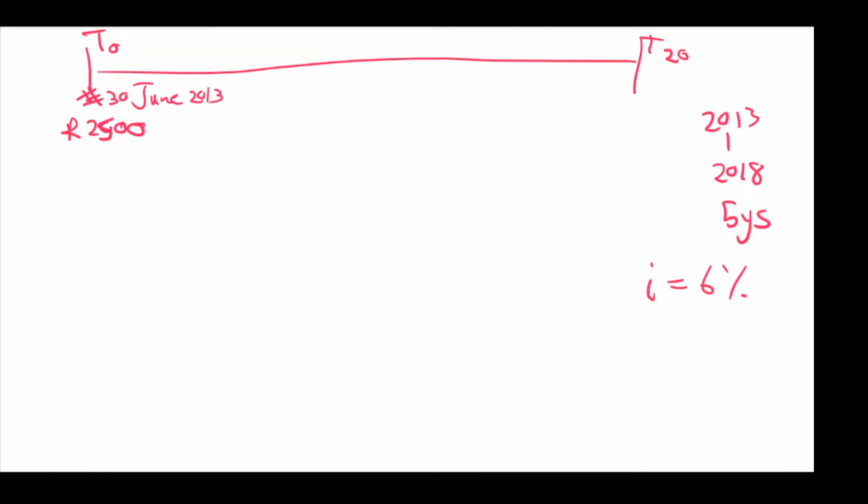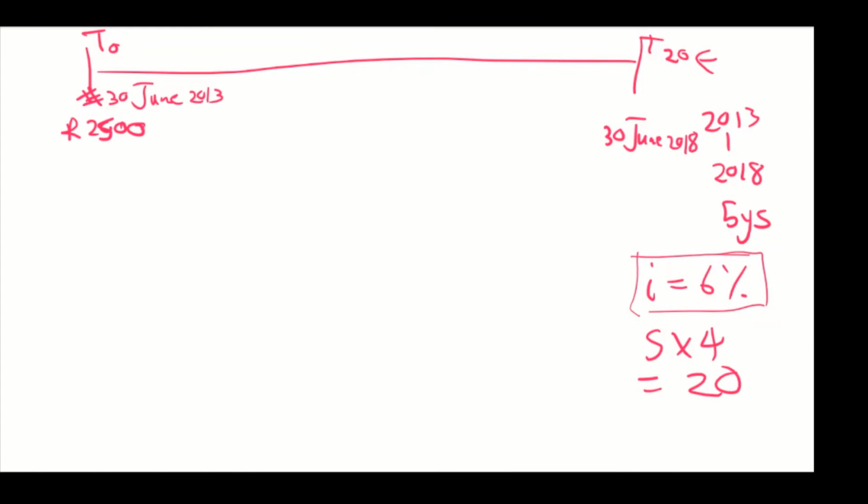So the interest that is earned is accumulated quarterly. So if it's quarterly, it's going to be 5 times 4 being equal to 20. So hence I wrote 20 there, right? So it's not necessarily 20 years. It's just 20 payments made. We know that it's 20. It ends at 30 June 2018.